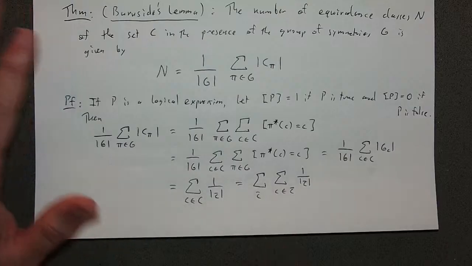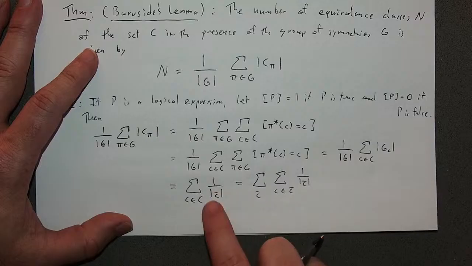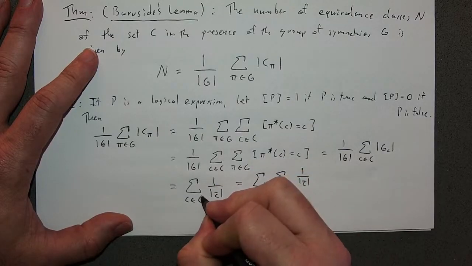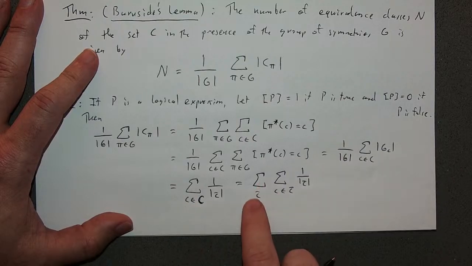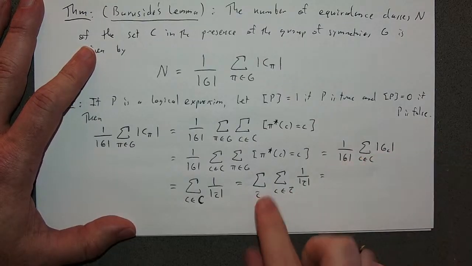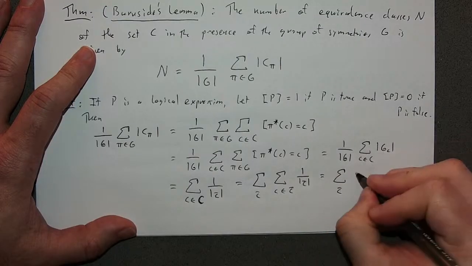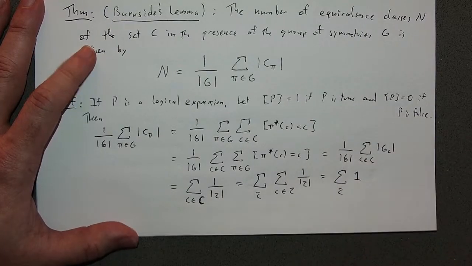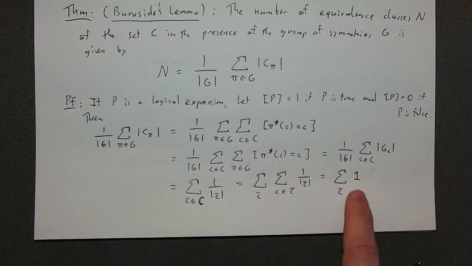These two things are really just reinterpretations of the same thing, because you're just unpacking what this would mean in notation. Here I'm summing over equivalence classes C bar, and then summing over all the colorings in an equivalence class. The reason I've rewritten it in this form is that it makes it easier to see that this is a sum over equivalence classes of 1. You get a 1 for each equivalence class. We're now immediately done. This is the enumeration that we wanted.